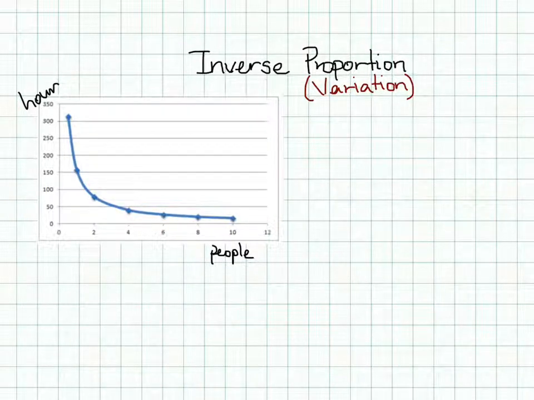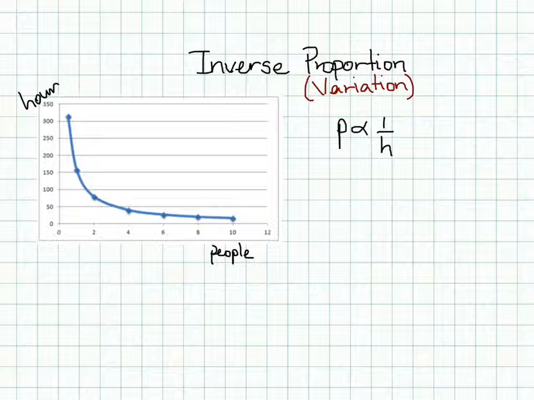Now, if you watched my first video, then you'd be familiar with some of the things I'm going to say now, but we're going to write it slightly differently. Let's use the same graph and represent P as people and H for hours. We're going to say that the number of people varies inversely as the number of hours it takes to build that bridge.